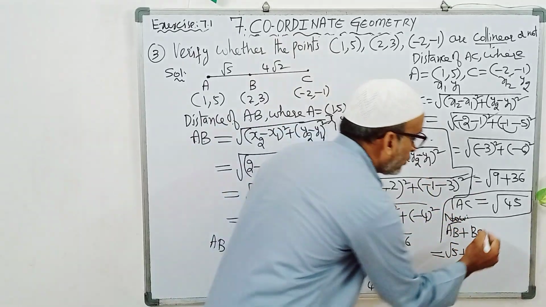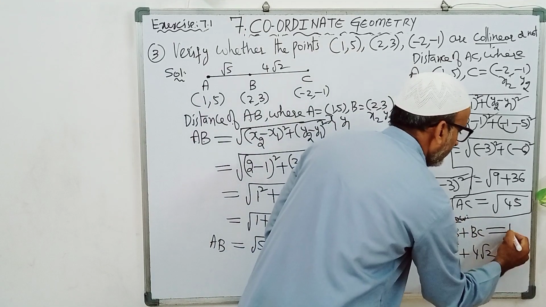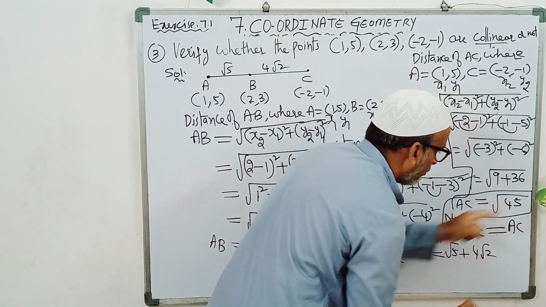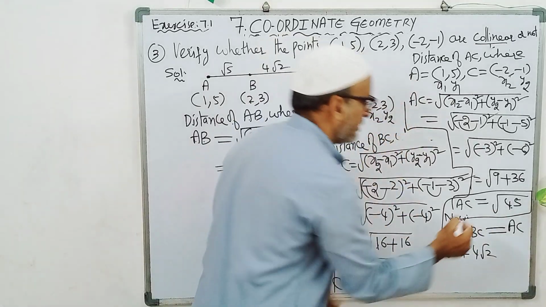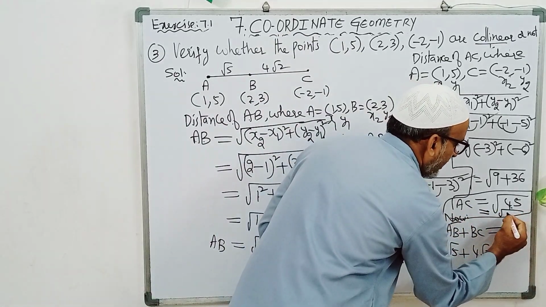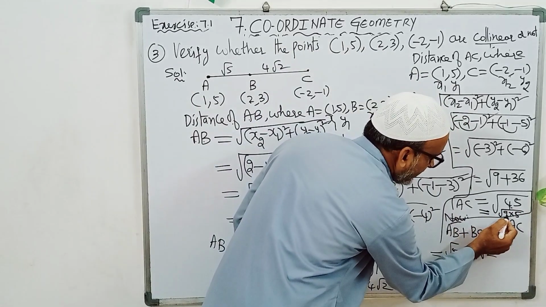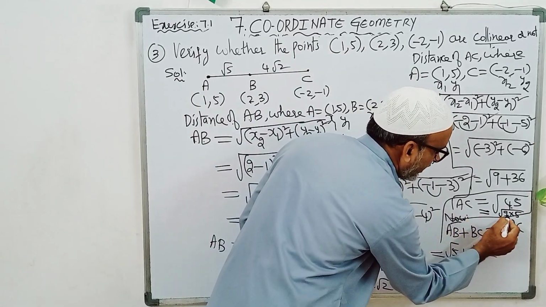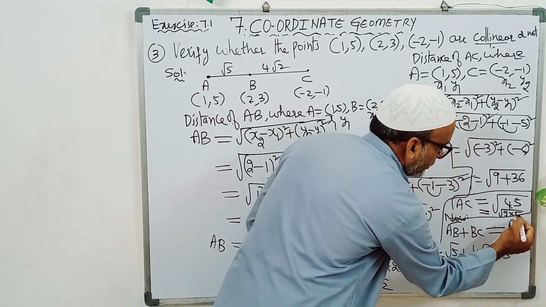This value should be equal to AC. But AC is how much? 45. This can be written as 9 into 5, 9 5s are 45. So square root of 9 means 3. Here I am writing root 5.